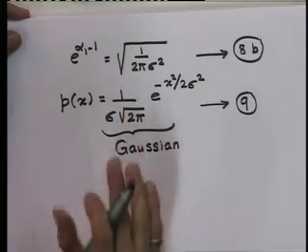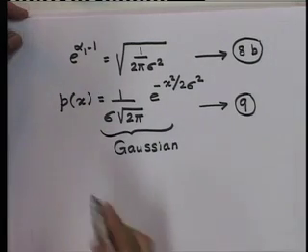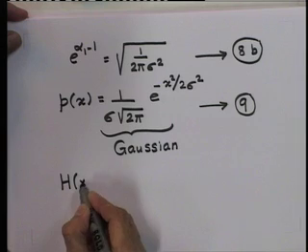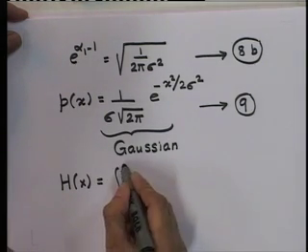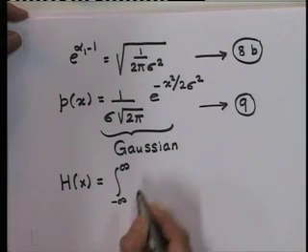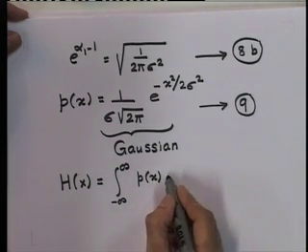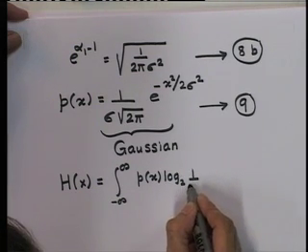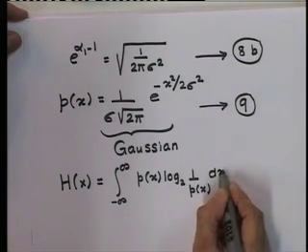This maximum entropy or uncertainty is given by evaluating the differential entropy, that is H(x) is equal to minus the integral from minus infinity to infinity of P(x) log of 1 by P(x) dx.